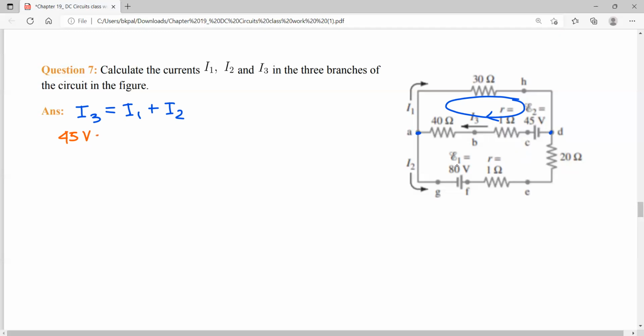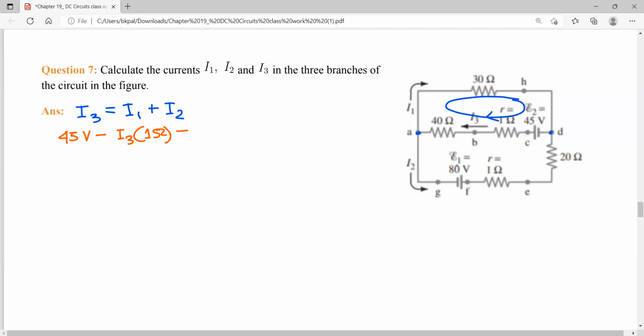And then because my direction of traveling and the current I3 are the same for the internal resistance 1 ohm, I will have a negative sign here for the voltage drop across the internal resistance.